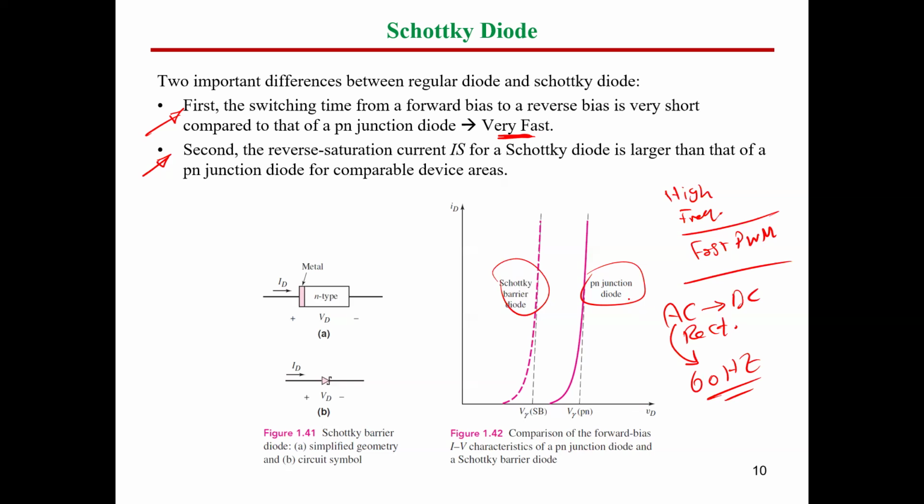But in other circuits, if you have relatively high frequency, like in fast PWM circuits, you may have PWM circuits from several kilohertz to several hundreds of megahertz. So in this case, we have to use a Schottky diode, not the general purpose diode. So this is one important thing regarding the Schottky diode compared to the general purpose diode.